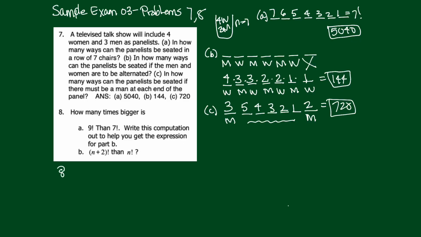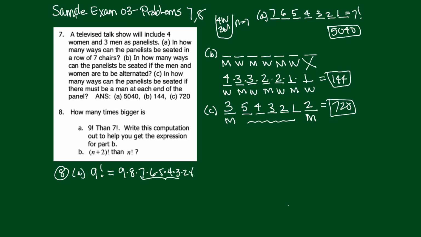Now I'll do this one down here. Number 8. Here's part A. We want to know how much bigger 9 factorial is than 7 factorial. So we can write 9 factorial as 9 times 8 times 7, but that's 7, 6, 5, 4, 3, 2, 1, right? That's 9 factorial.